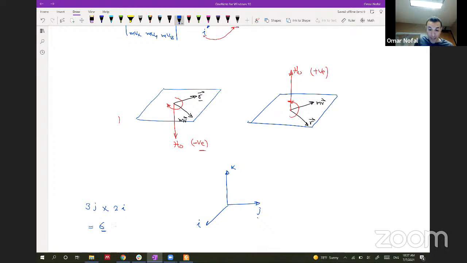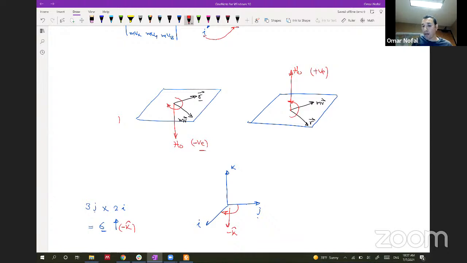Is it in the positive K or in the negative K? If you multiply J by I, you are going from J to I, so you will be like this. It will be in the negative K hat direction because I'm going from J to I, not from I to J. So this will be in the negative K hat direction.